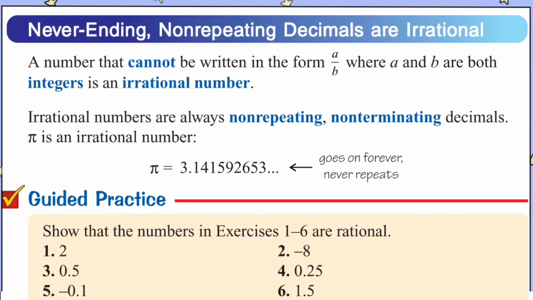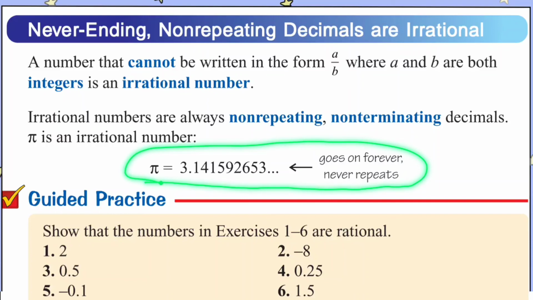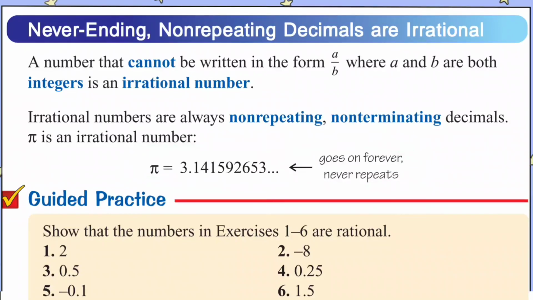One very famous irrational number is pi, which we use when we're calculating the circumference and areas of circles. The measure of pi is 3.141592653, but that's not the whole of the number.